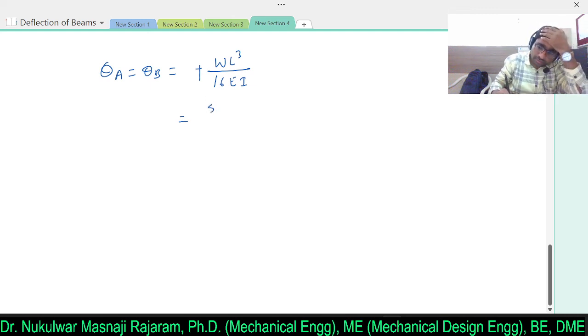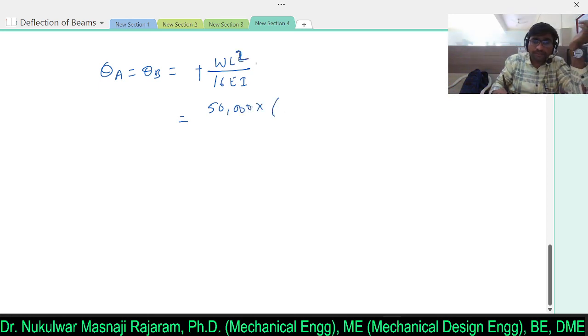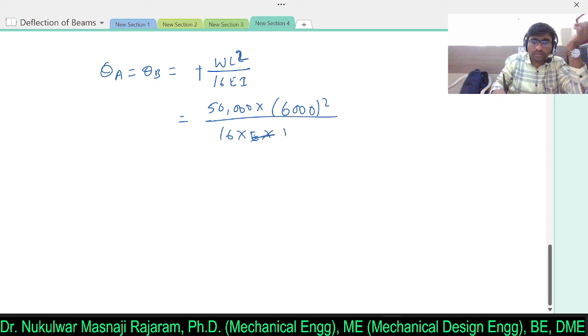So W is 50,000 into 6,000 square, divided by 16 into E, the value of E is 2.1 into 10 raised to 5, into I, which is 78 into 10 raised to 6. Simple.